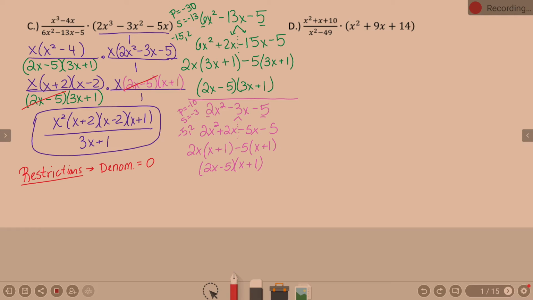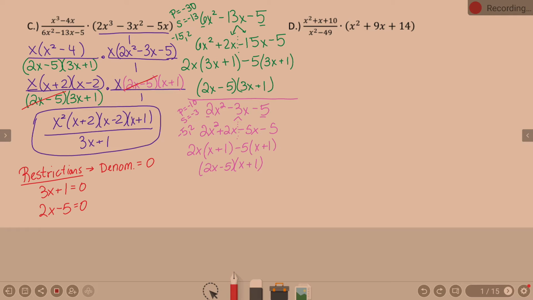So what factors were ever in my denominators? Well, there's a 3x plus 1 in my answer, right? But before we canceled stuff, there was also a 2x minus 5. What are my restrictions then?